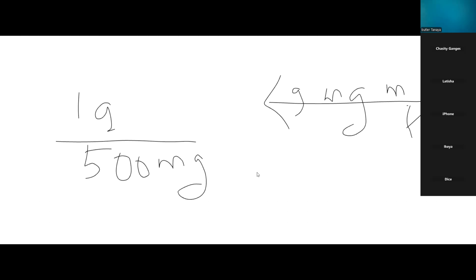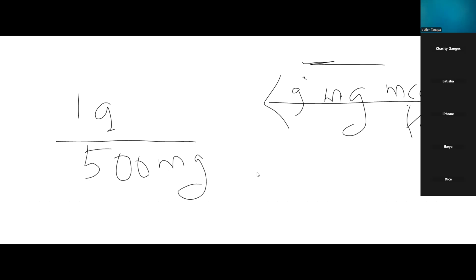So maybe it would help you remember that when you're going towards grams, you're going to the left, right? That's going to be just your G, just your grams. Anytime you're going to the left, you're going to divide and conquer.